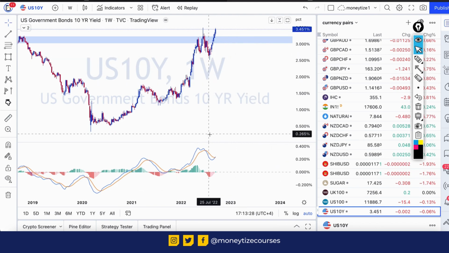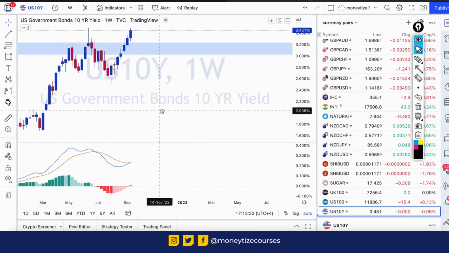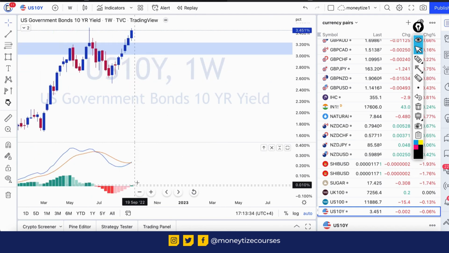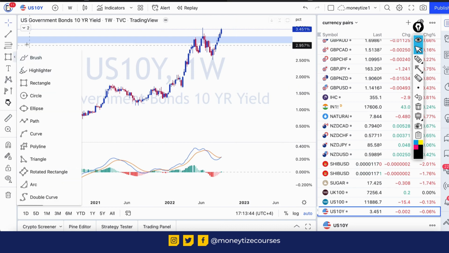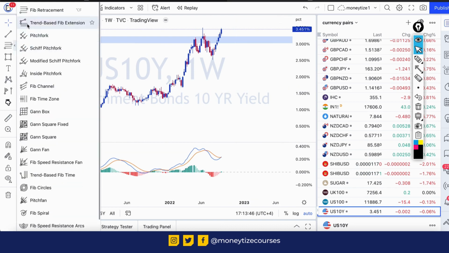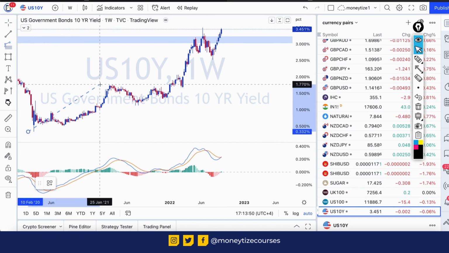Weekly, it still looks bullish to me because the MACD lines cross is still to the upside, a bullish cross, and we have a rising green histogram, which means we still have room to the upside. Let's check with the trend based fib extension tool on monthly.